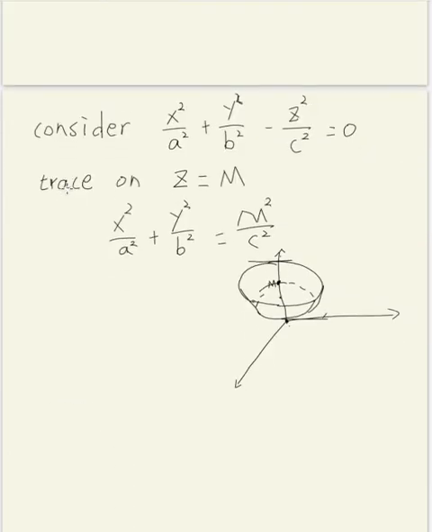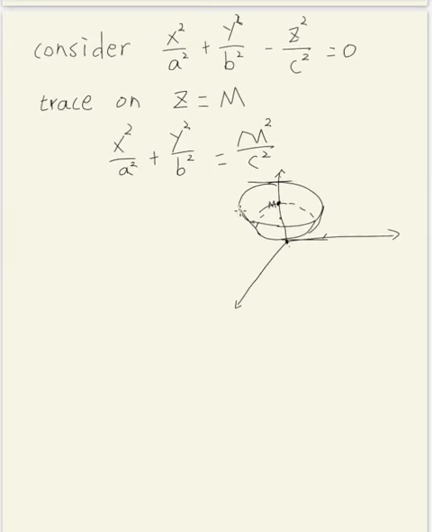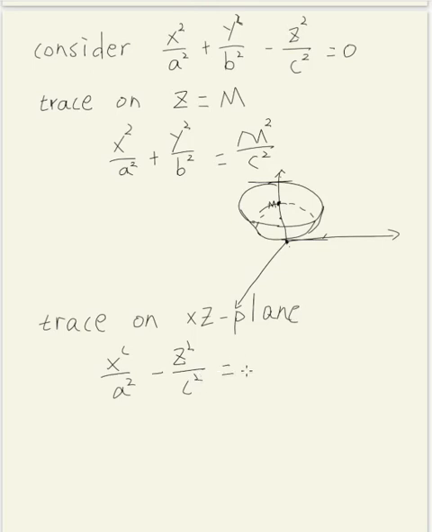Well, we know it's a cone instead of a paraboloid because if we consider the trace on, say, the xz plane, we find that x squared divided by a squared minus z squared divided by c squared equals 0.